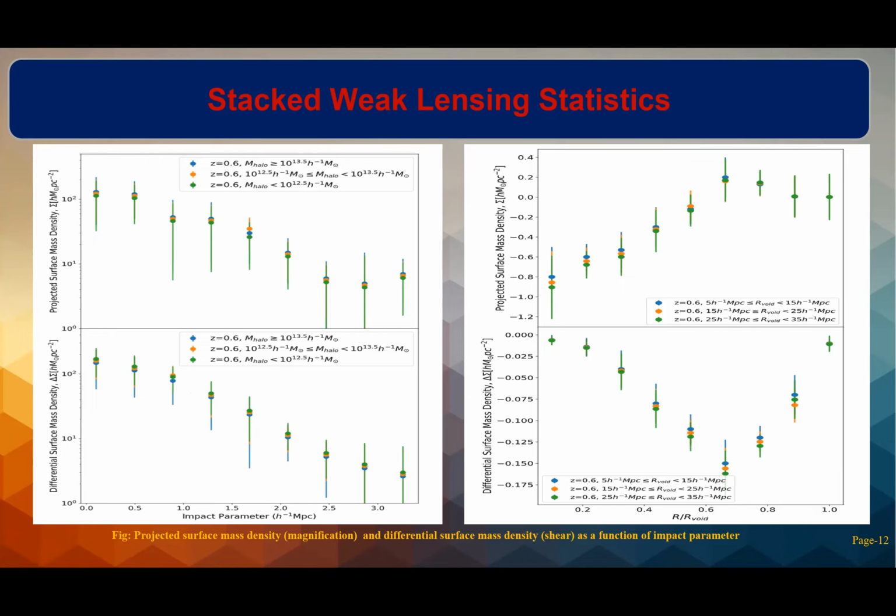We also observe that the characteristic plot of the tangential shear due to the effect of clustering masses of the halos is opposite to that of the weak lensing magnification. As we have considered the absolute value of the shear in that case, the characteristics we observed for shear are exactly opposite to what we observed for weak lensing magnification.